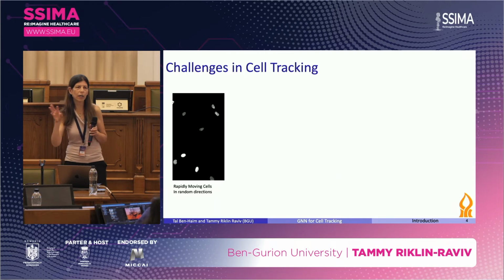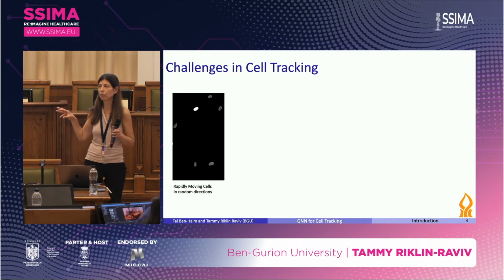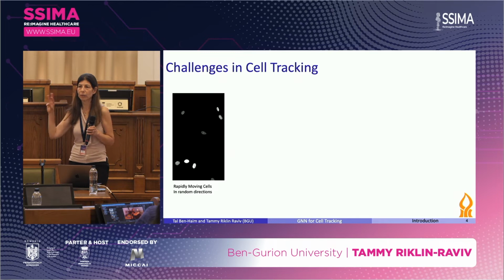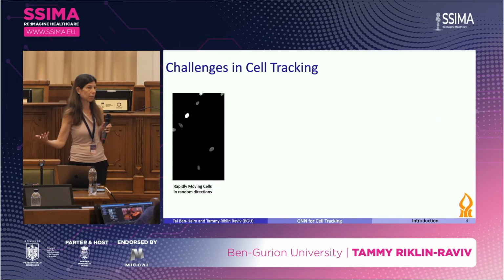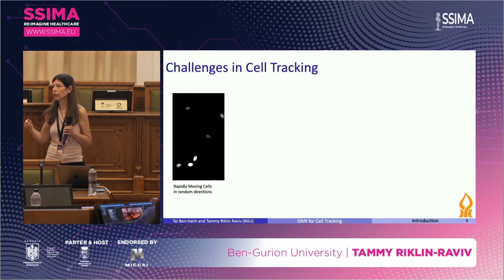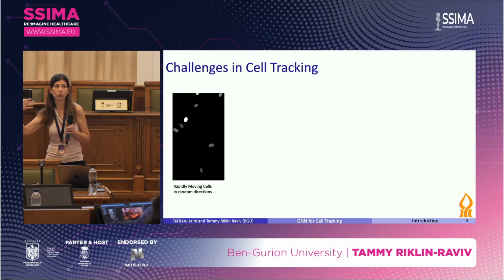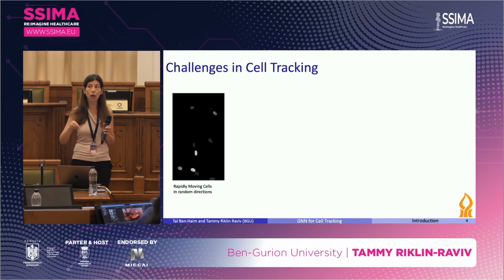There are many challenges. The first one is that it apparently seems that the cells are rapidly moving. In fact, it all depends on the sampling rate. It turns out that when you take photos with a microscope, they are toxic.